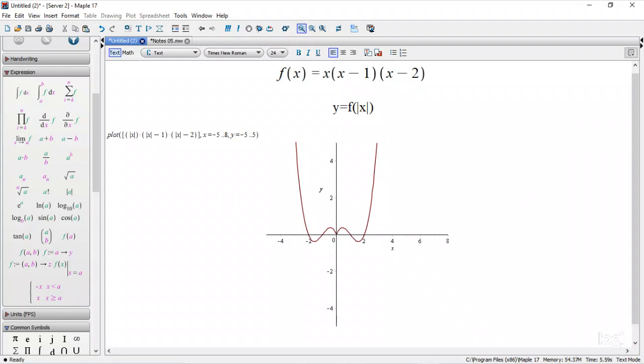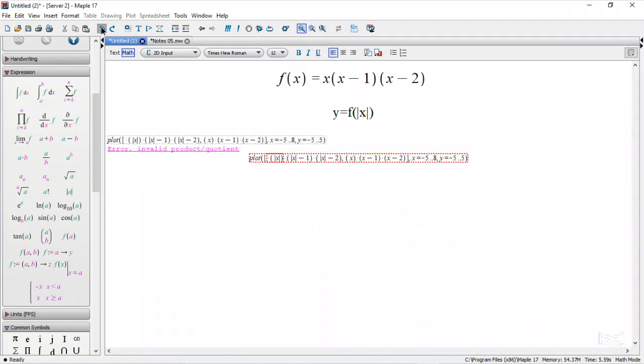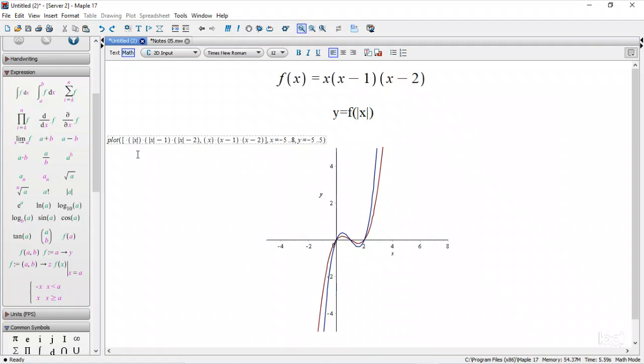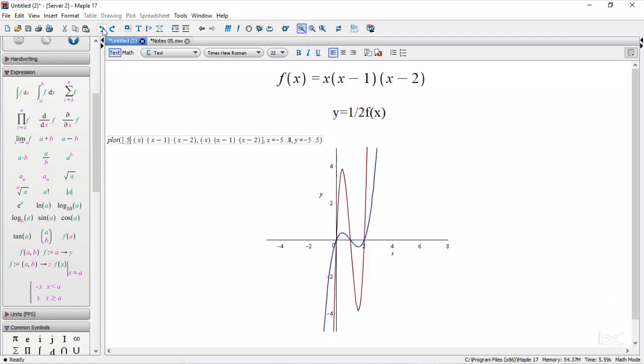And then we'll discuss... I need to go back to the original graph.